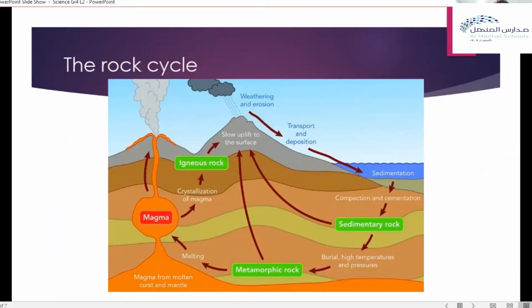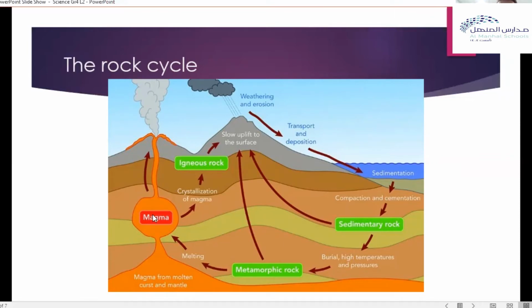What is a rock cycle? It is similar to the water cycle, where water is drawn up and carried over mountains, it rains, and it goes back into the oceans, and then the cycle returns. Rocks are renewed in a similar way. First, we look at magma.